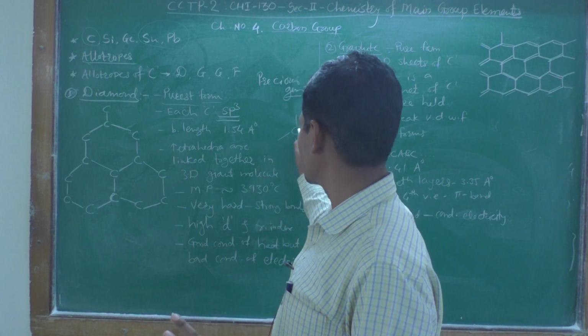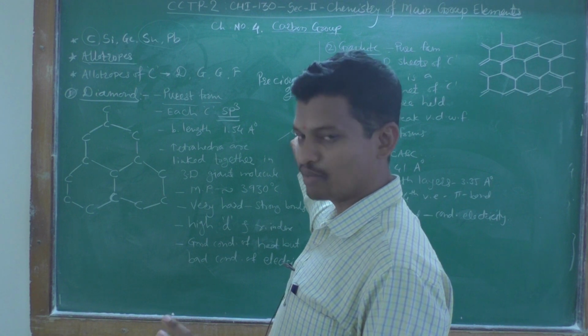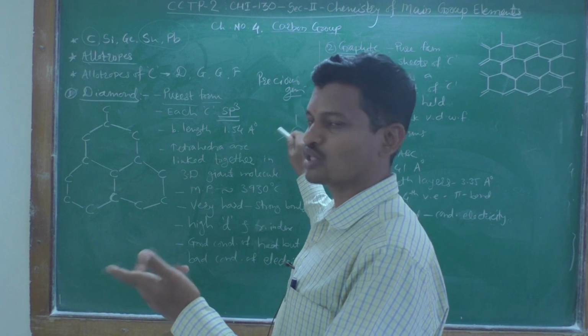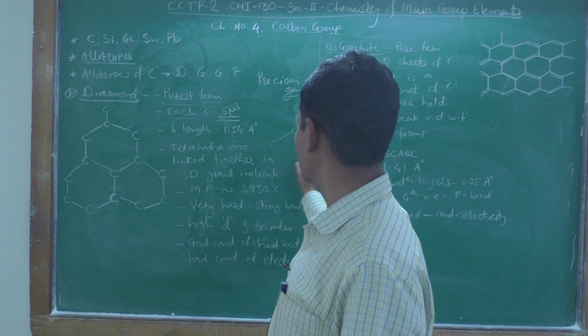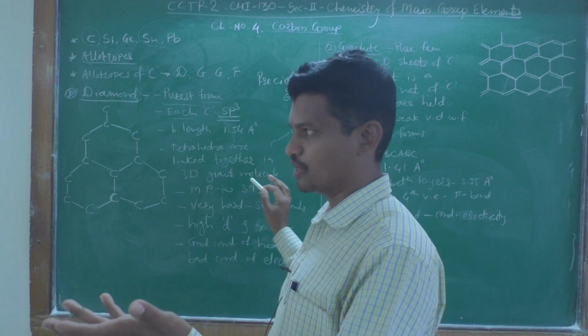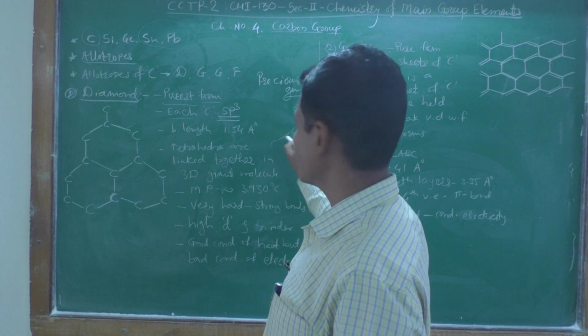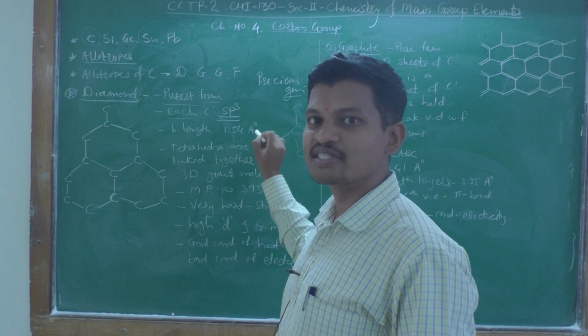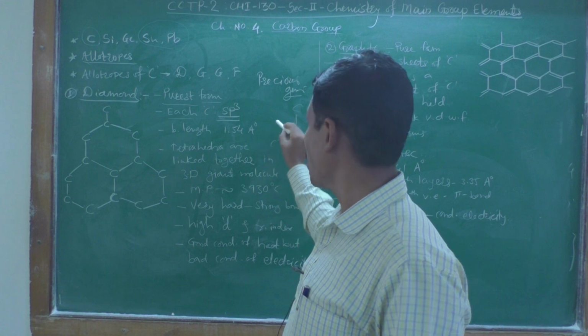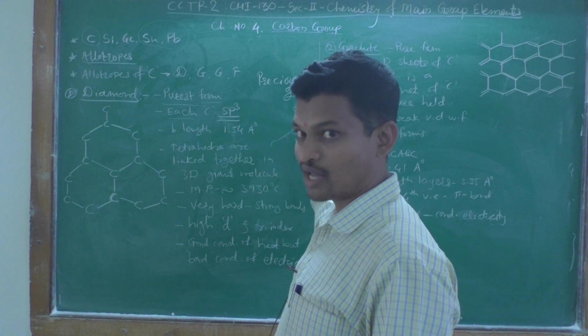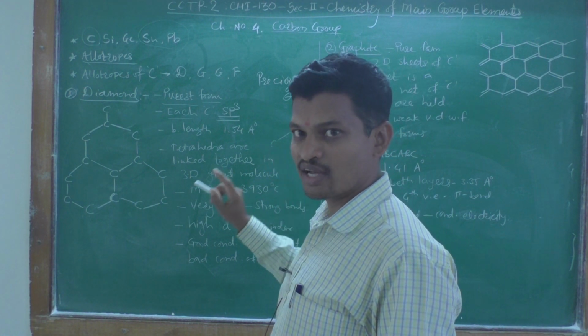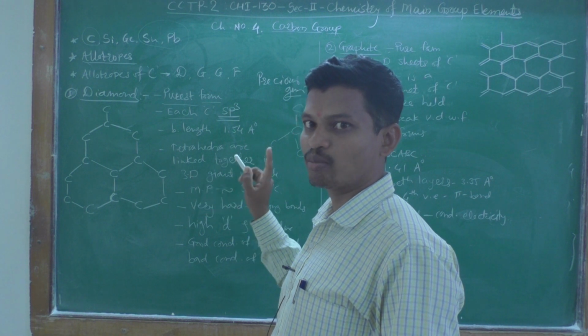So this is the central carbon atom, and it is bonded to 4 other carbon atoms: carbon, carbon, carbon, not any other element, not any other atom. And all are single sigma covalent bonds. All bonds in this diamond structure are single sigma covalent bonds.